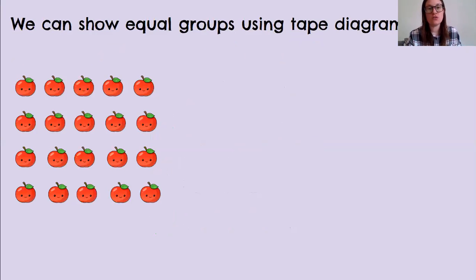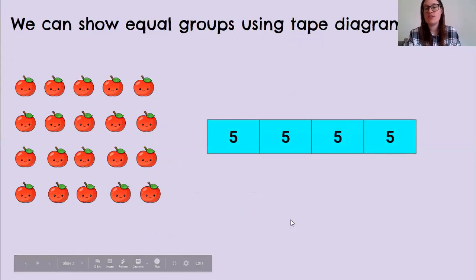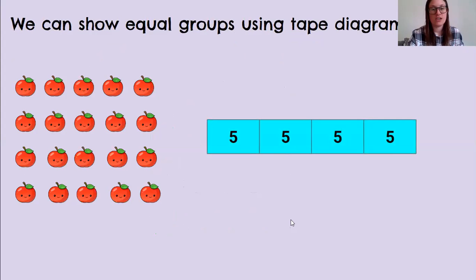We can also show equal groups using a tape diagram. So if we have this array over here of apples, we can represent that with a tape diagram. So there are 1, 2, 3, 4 rows represented by my 1, 2, 3, 4 boxes.